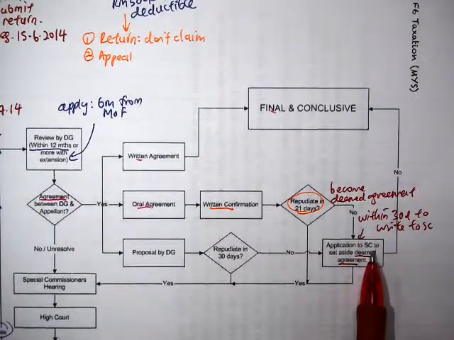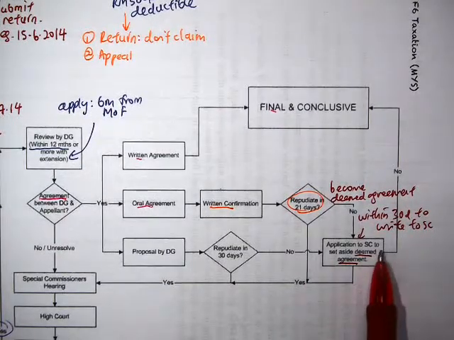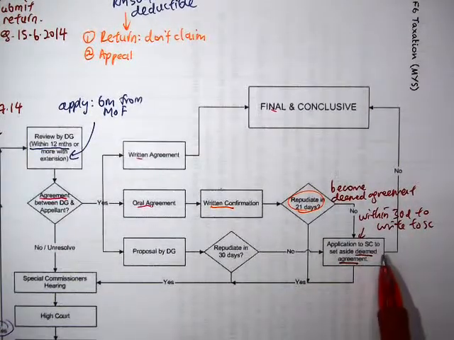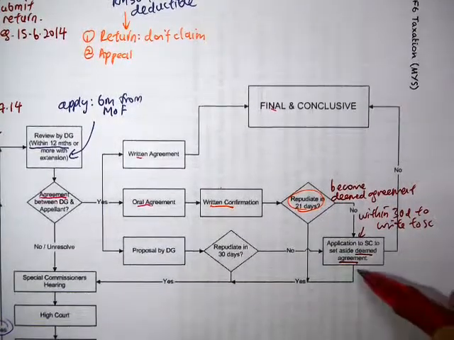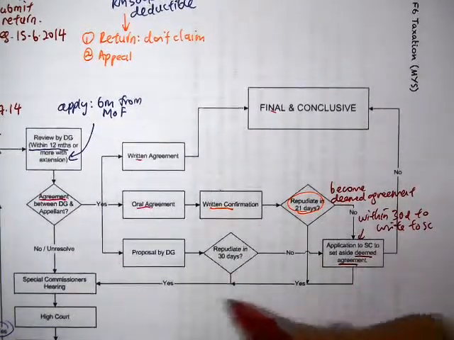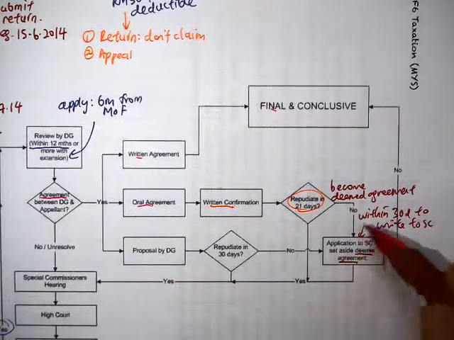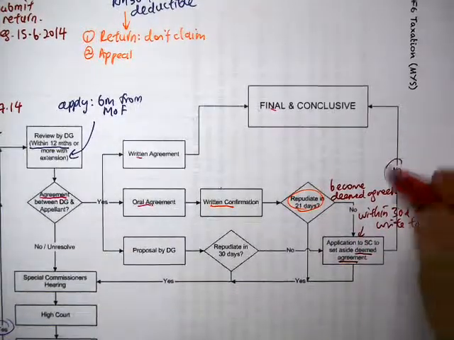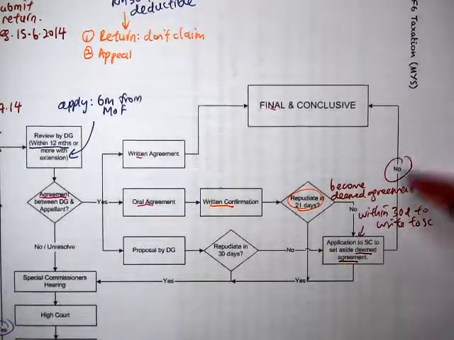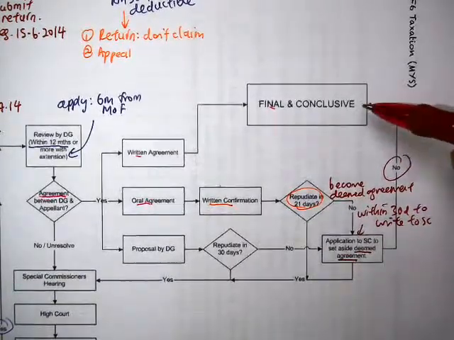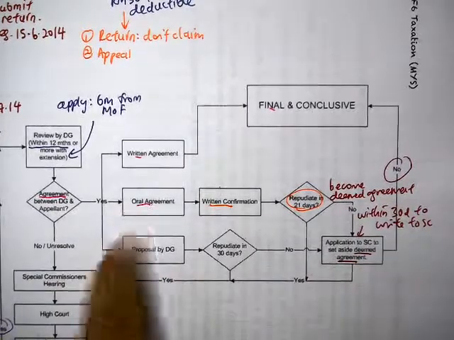That means you still can object: you write to the SC and say, I don't want this deemed agreement, let's just ignore it. Then you will start the appeal again. But if within those 30 days you also never do anything, then the deemed agreement becomes the real thing, so it becomes final and conclusive. Now this is if it's an oral agreement.